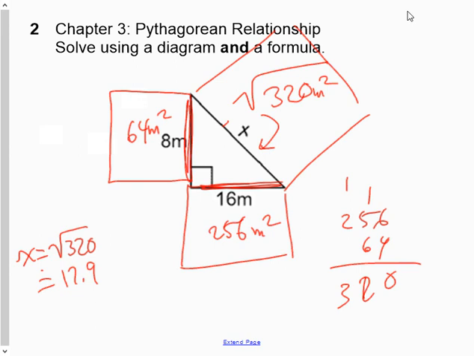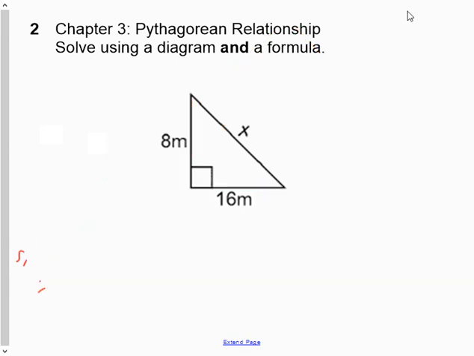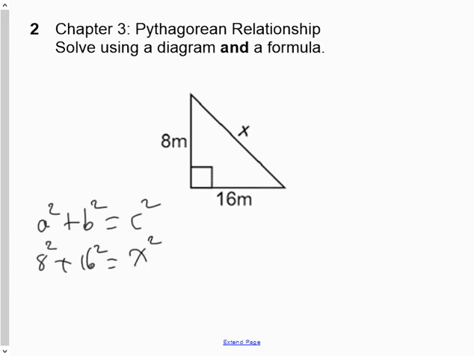If we look at our next question, I'll erase all this here. The next part says use a formula. Our formula for a Pythagorean relationship is a squared plus b squared equals c squared, or the sum of the squares, area of the squares attached to the legs equals the area of the square of the hypotenuse. That's what those a's and b's stand for. So a squared, we can make that any of the legs. We'll make it 8 plus 16 squared equals x squared. 64 plus 256 equals x squared.